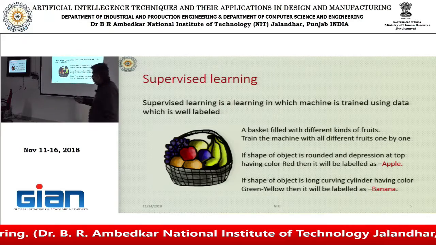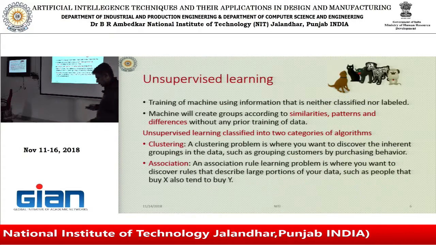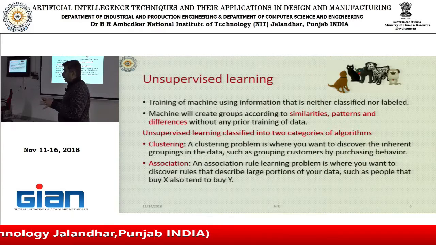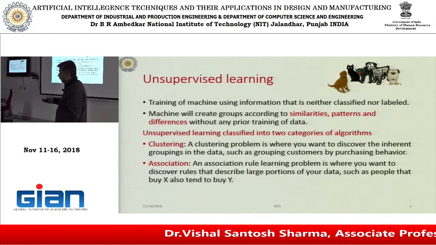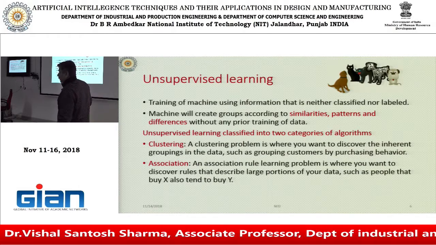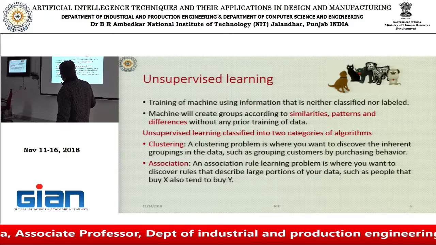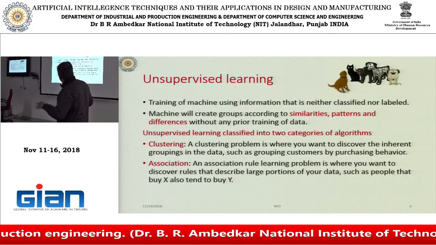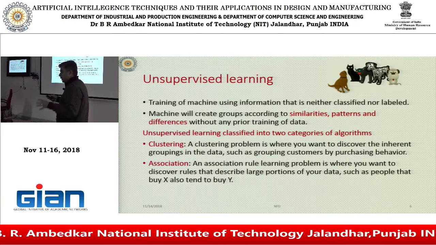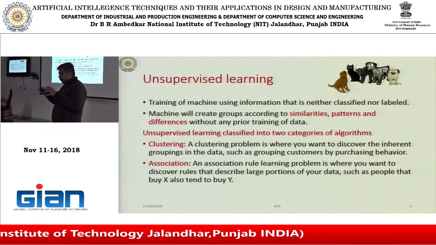Second is unsupervised learning. Here you have data with you, but there is no output. When you don't have any output, how do you create a network? The algorithm will try to find similarities: what are the similarities here, and what are the differences? Accordingly, it will categorize and put them in categories.